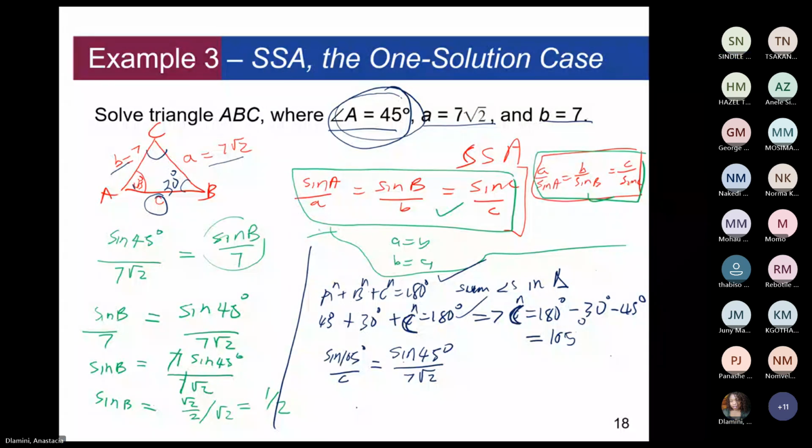Ma'am, I think my network is down. Where are you now? I'm on c is equal to sine of 105 degrees over.